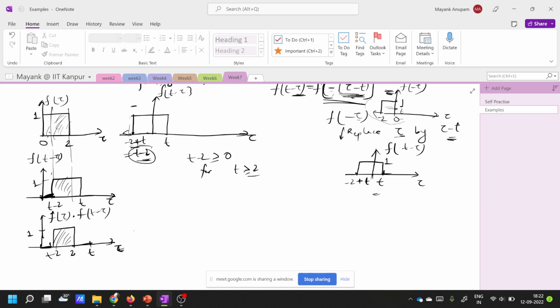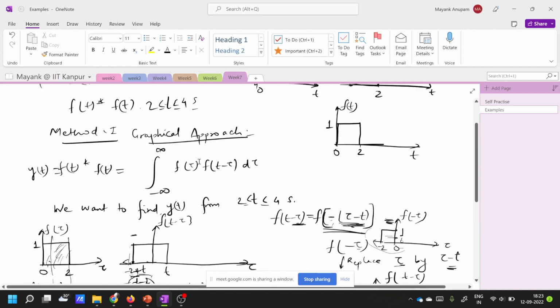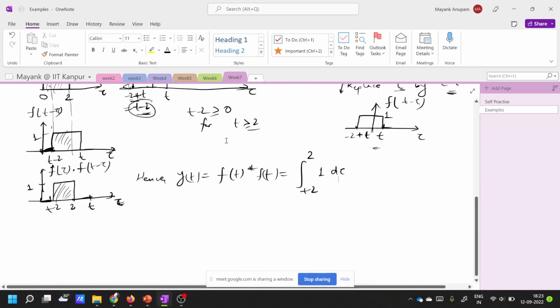So it is non-zero only for this period between t minus 2 to 2, correct? So your integral, hence your y of t, which is equal to f of t convolved with f of t, will be equal to the integral from t minus 2 to 2 seconds of 1 d tau, correct? Is this understood? I have simply replaced this here with this. So what will this integral be?